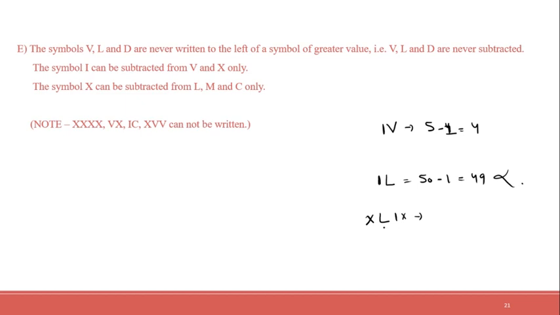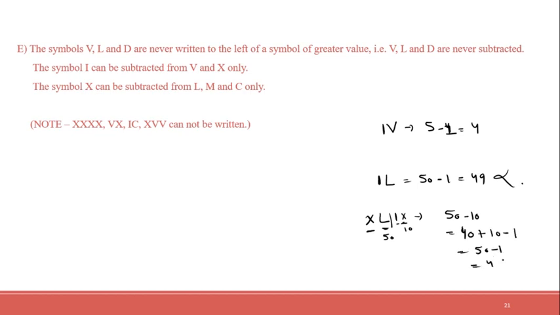Why? First we will consider the largest digit. It is 50. We will subtract 10 from it. 50 minus 10 becomes 40. Right? Now leave this part. Here it is 10 and a 1 on its left. That means 10 minus 1.